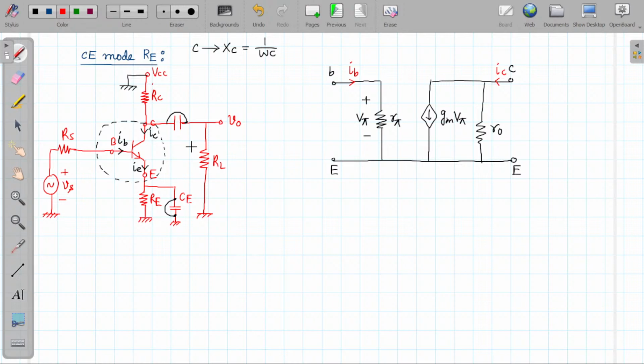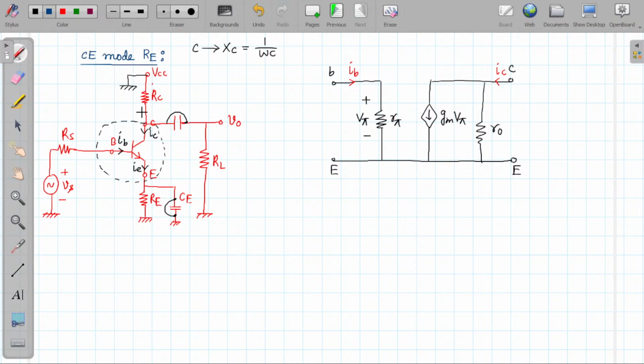Now this is the transistor. With the transistor, we have to connect the external circuits, that is RC, RL, RE, VS, RS. All these are external circuits. So now we want to connect the external parameters, that is RC, RL, all these external elements.